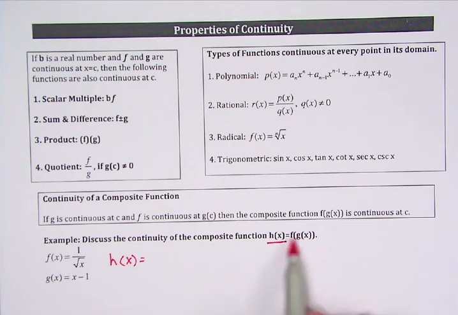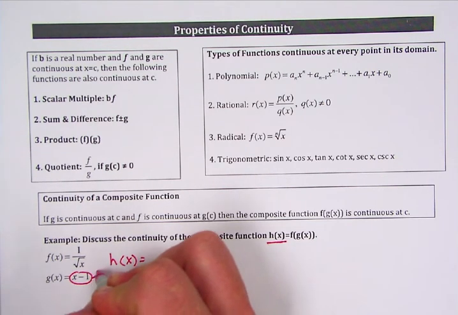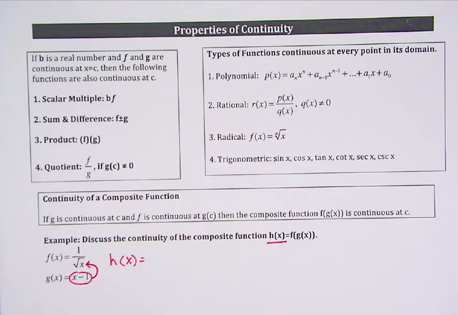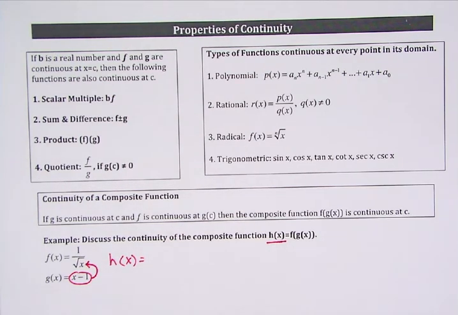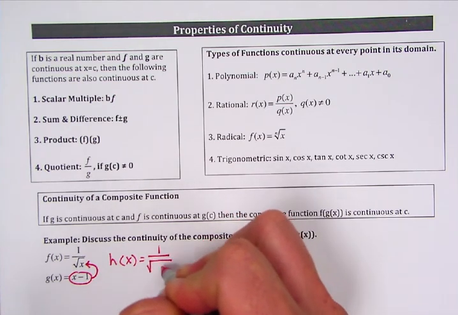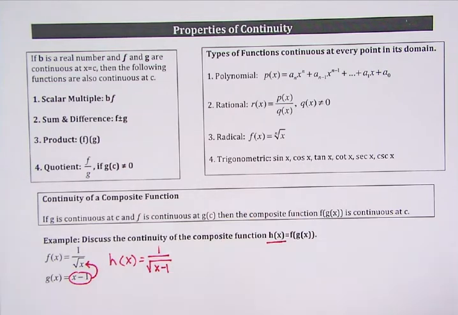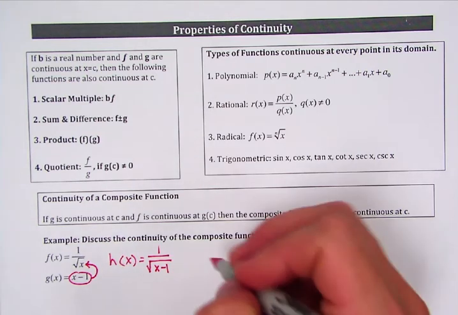Okay, so it's f of g of x, meaning we're going to take g of x and substitute that in for x right here. So we can get something like 1 over the square root of x minus 1. Now we want to talk about the continuity, so we need to find its domain. So it's got to be on the domain.